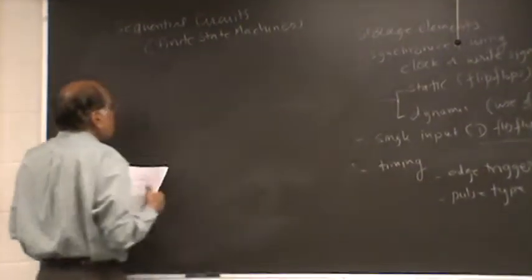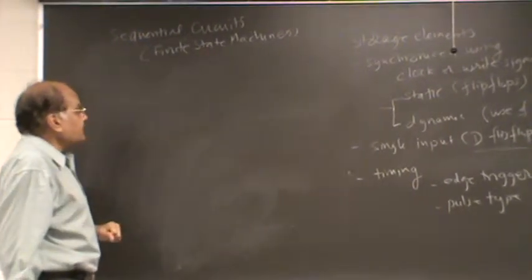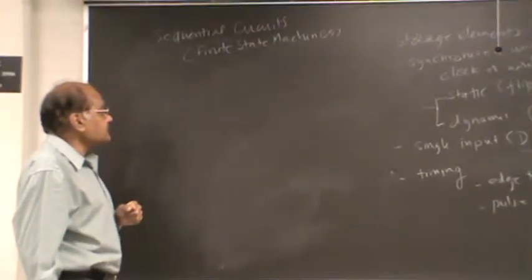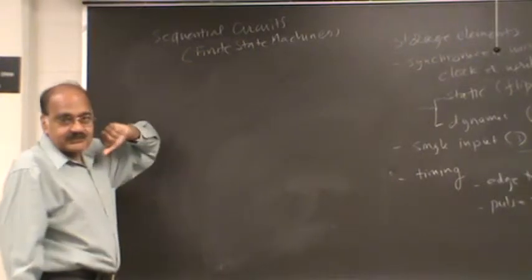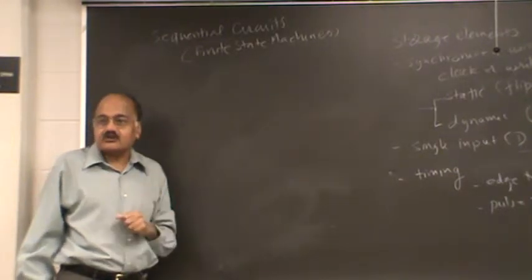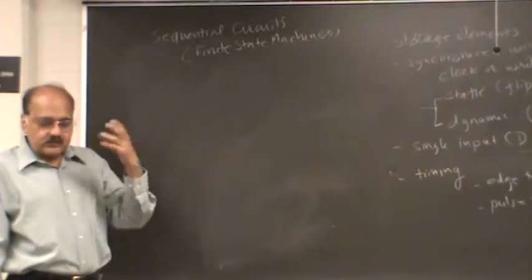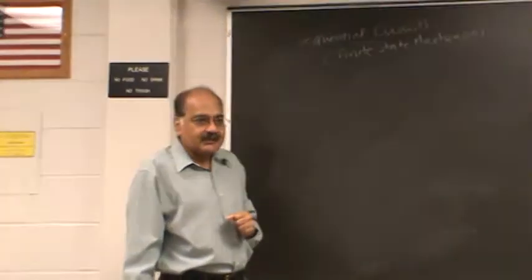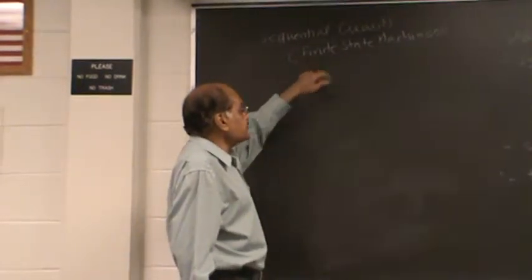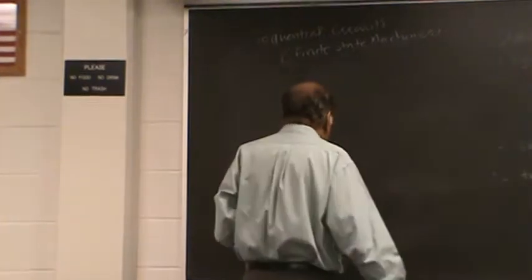Now this is a mathematical term, so this is a general term, and sequential circuits are a good example of finite state machines. You have other examples of finite state machines. For example, it is very common for software to be modeled as a finite state machine. And also, communications protocols are sometimes specified using finite state machines. So some of the things here are actually quite general, even though here we are talking about hardware.